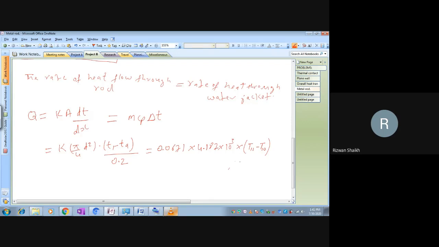The diameter is given as 25 mm, the change of temperature can be taken from the observation table, and dx, the path length, is 0.2 meter. This is the given data that you will be getting.